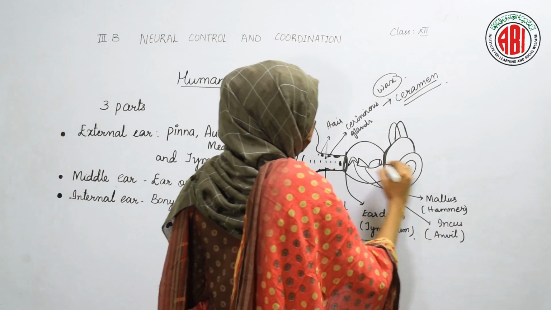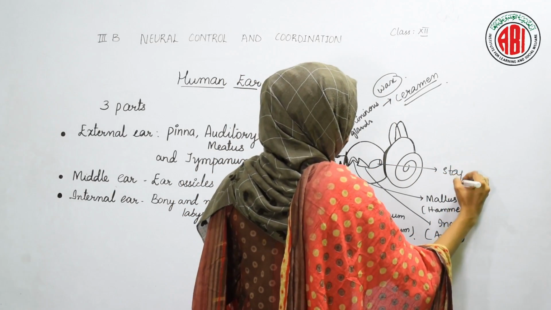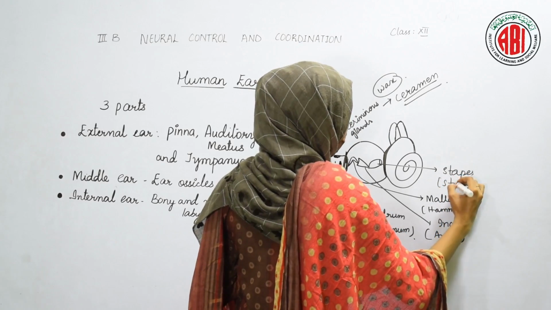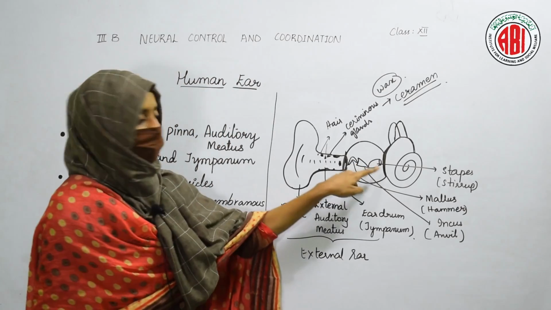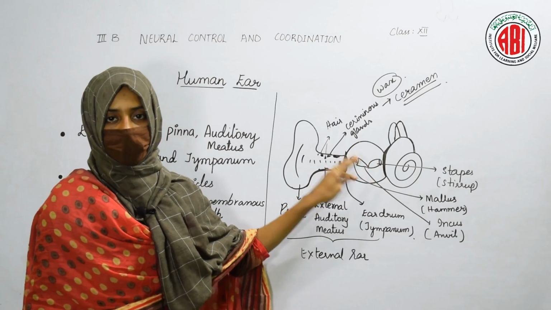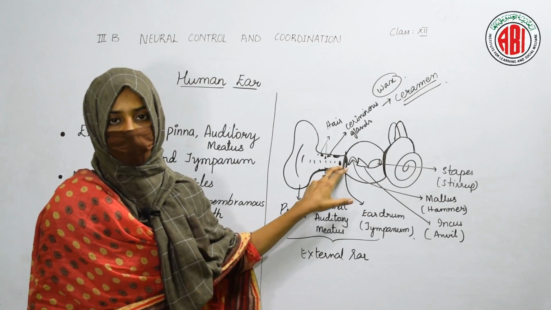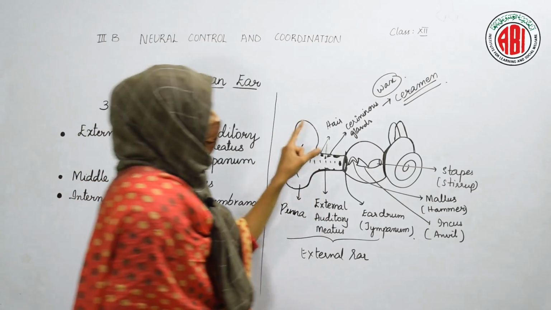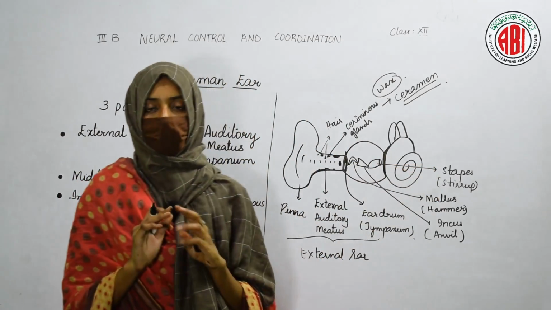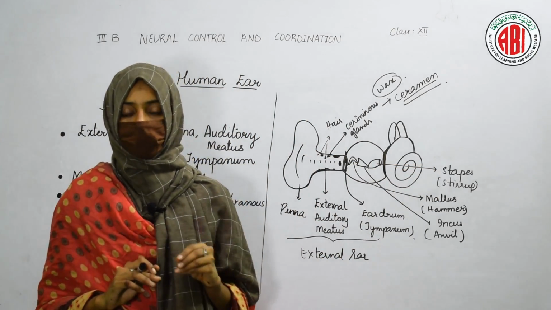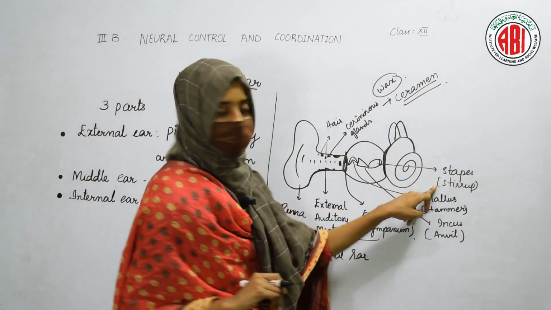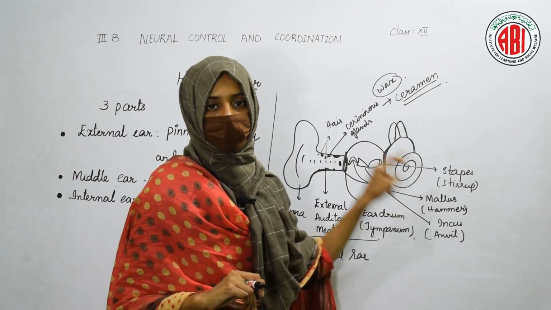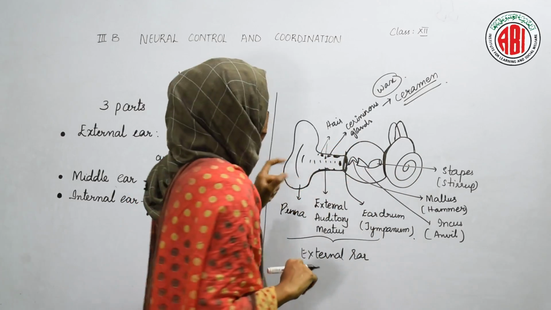And the third bone is stapes, which is also called stirrup. Malleus, incus and stapes, these three bones are found in the middle ear of a human being. And stapes is the smallest bone found in the human body, also termed stirrup. So this stirrup is found in the middle ear.